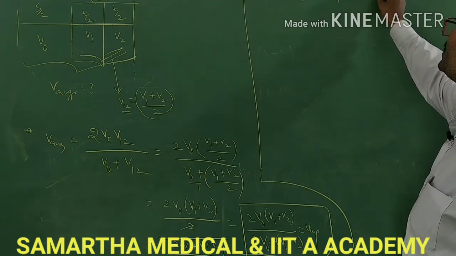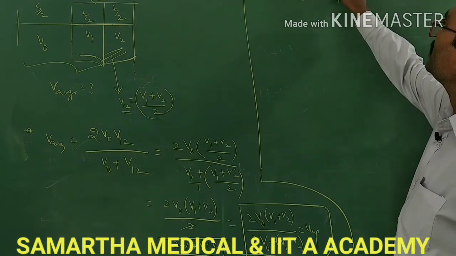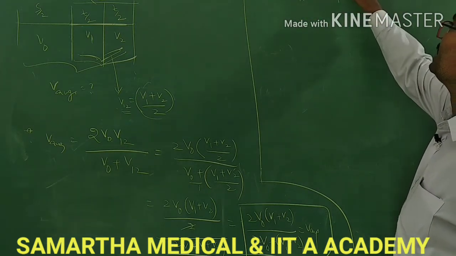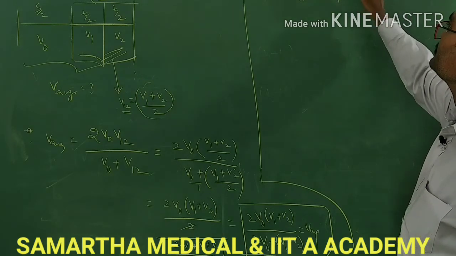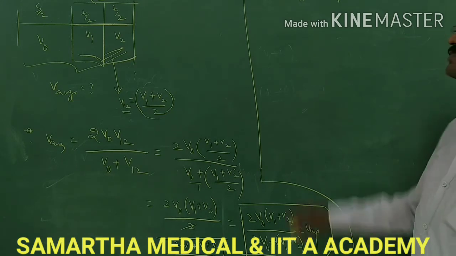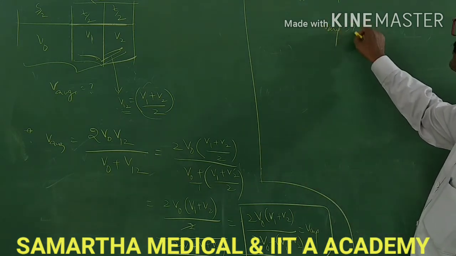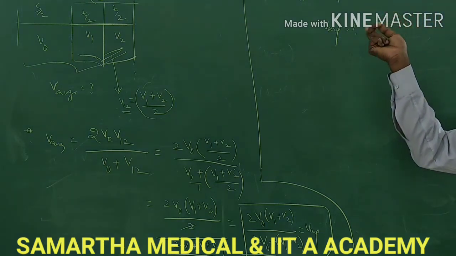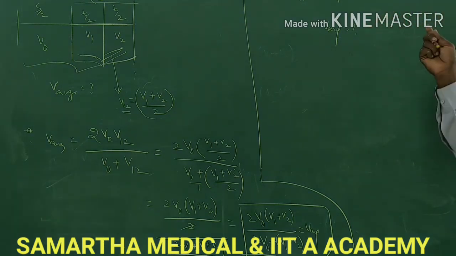While it is returning back to town A, the speed V2 is 20 meter per second. Then what is the average speed? A body started from town A to reach town B with a speed of 10 meter per second. While returning to town A, it is moving with a speed of 20 meter per second. Then what is the average speed?